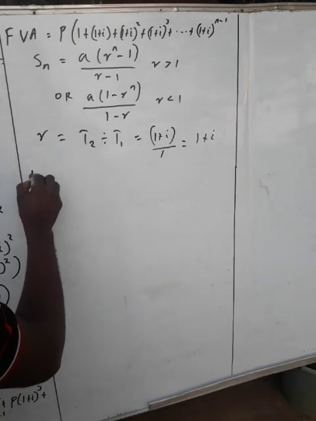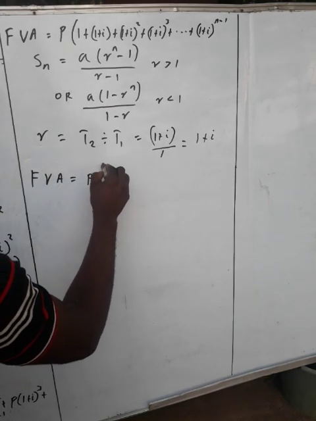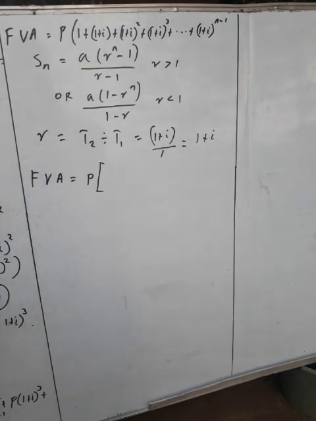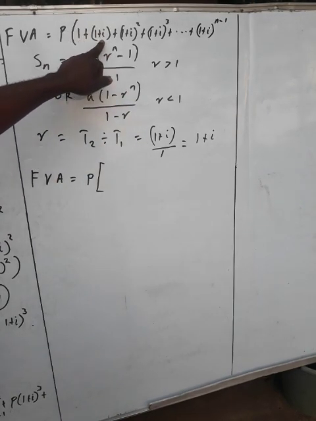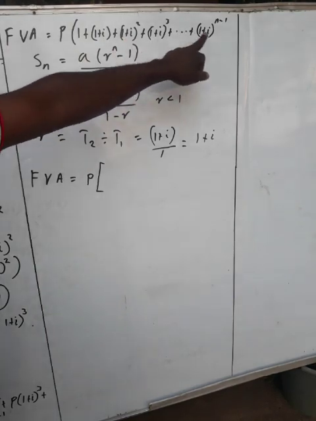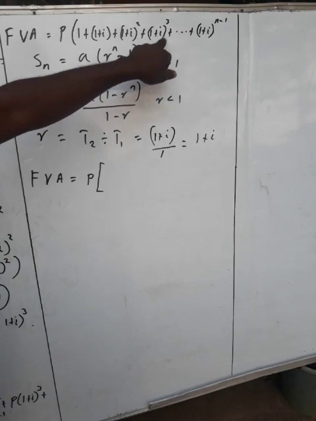Therefore, future value annuity is equal to P times the bracket. We are summing this up to the nth term. This is T1, T2, T3, T4, up to Tn, which is 1, 2, 3, 4 up to n.